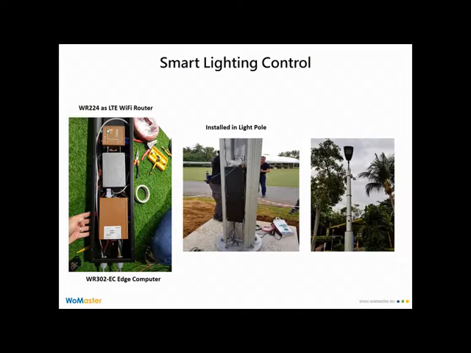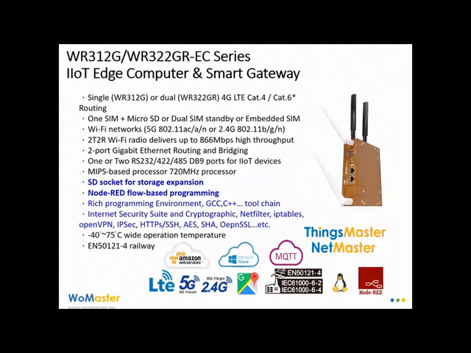Here, let's have the quick introduction about the WR322GR-EC. As here you can see, we have a lot of combination for your selection. The single radio, the dual radio for the Cat 4 or Cat 6.